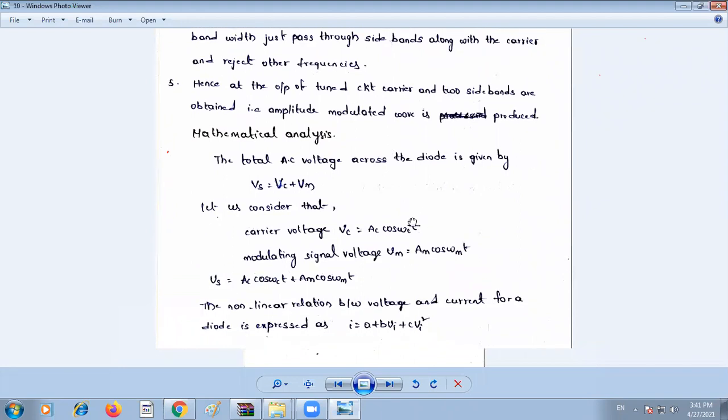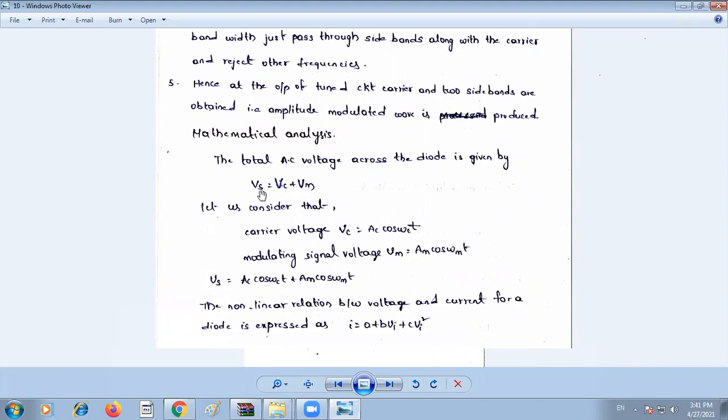So let us see the mathematical equation here. Mathematical analysis: the total AC voltage across the diode is given as Vs, that is VC plus VM. What is VC? Carrier voltage. What is VM? Modulating signal voltage.